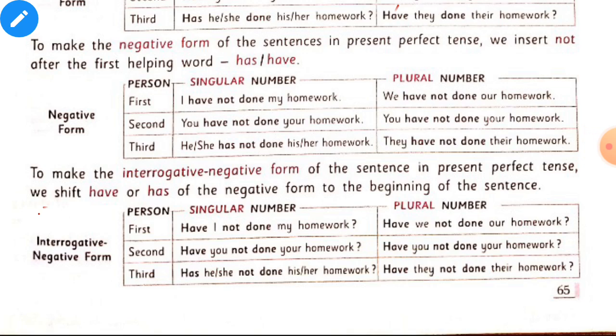Like this formation: Have I not done my homework? If there is a third person, you can make the sentence like this: Has he or she not done his or her homework?